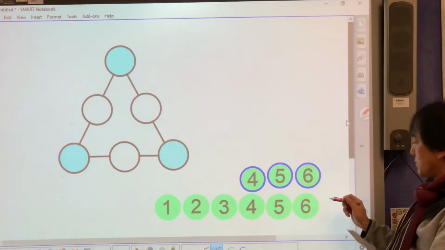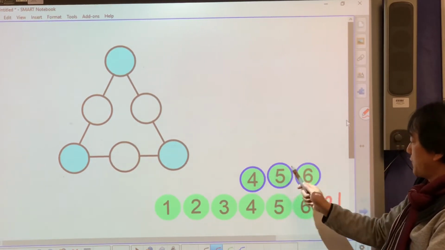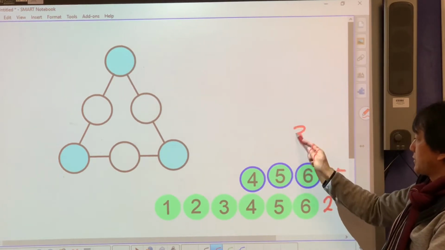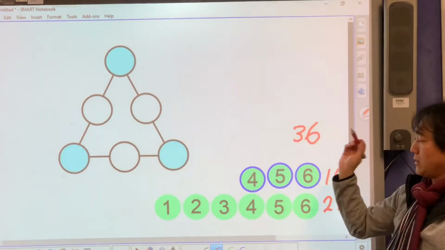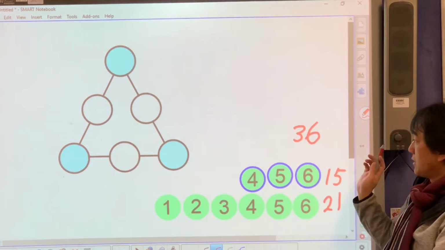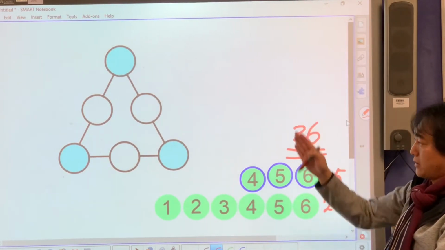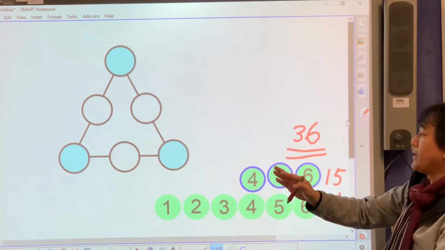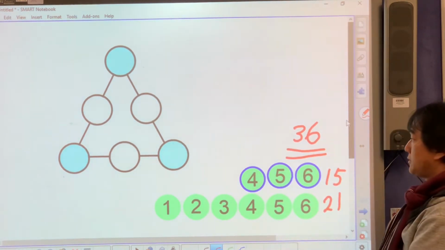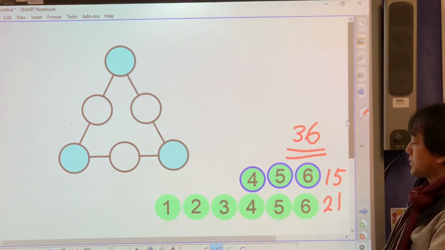We know that's 21. 4 plus 5 plus 6 is 10 and 15, that's 15. When they add together, that's 36. If we add all these numbers together, remember these numbers will be added twice, the answer will be 36, and it will be divided into 3 lines, so each line should have 12, right? So that will be good thinking process.